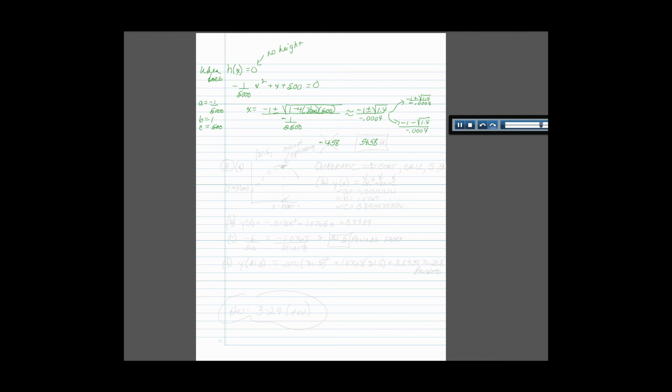Well, a distance, because it's asking you how far from the cliff, so that's a distance, can't be negative. So we know that this is our solution. At 5,458 feet from the base of the cliff, it hits the water. The height is 0 again. So make sure when it's plus or minus, you put in both so that you can see what it is that you get.